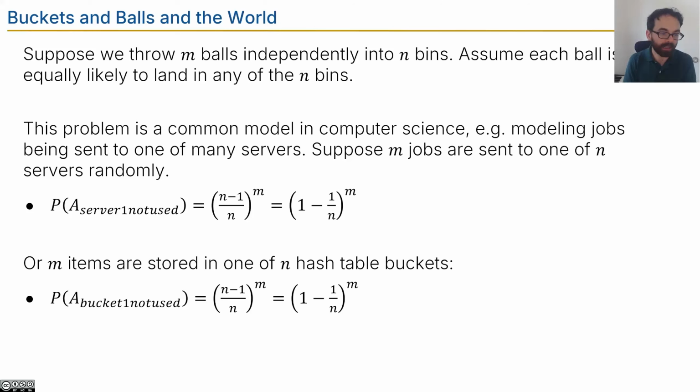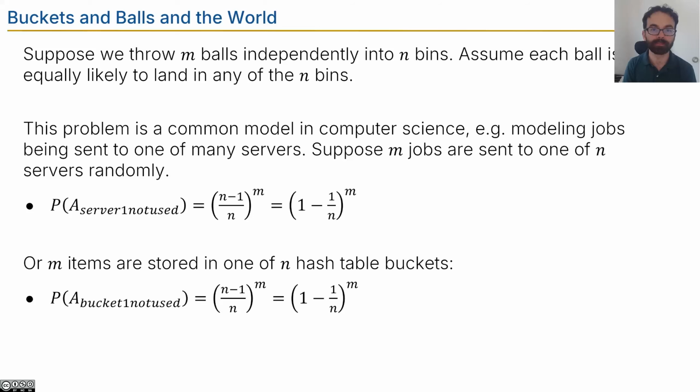Or likewise, imagine you're modeling hash tables from CS71B, or whatever data structures class you might have taken. In this case, you might ask, what's the chance that the first bucket doesn't get used if the items are spread uniformly across hash table buckets? Well, it turns out to be 1 minus 1 over n to the m. That's one way in which we'll generalize.